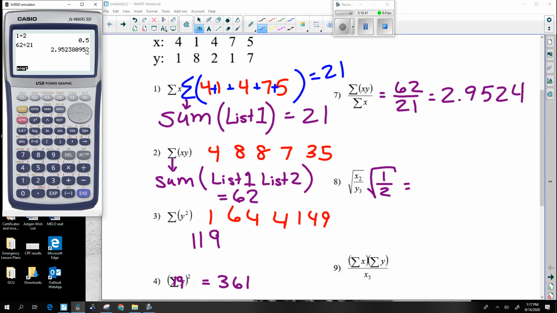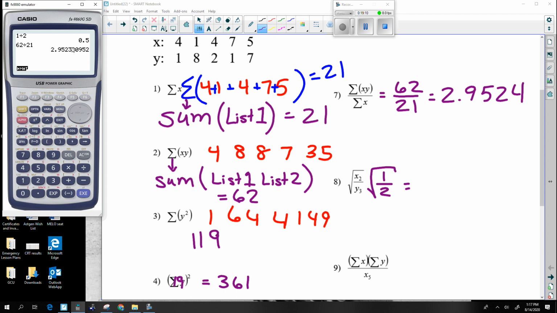This decimal will run on forever, and the calculator understands this entire decimal. Now, the moment that you just say, hey, this number is 2.9524, it negates the idea that 80952 blah, blah, blah ever existed. So the minute that you say this is 2.9524 is the minute that your numbers become less accurate than what they actually are.